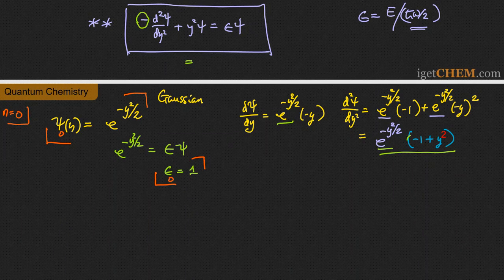So now that you know what the first solution is, you can ask, well, can I easily guess what the other solutions are going to be like? I'll wait until a little later to show you how to do that, but you can guess at this point that the other eigenfunctions are going to be Gaussians of the same type.